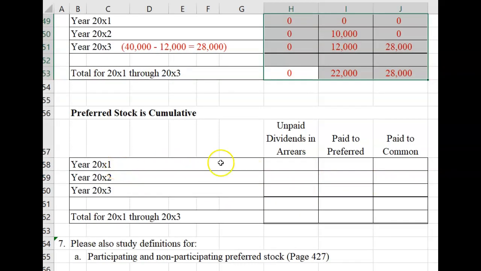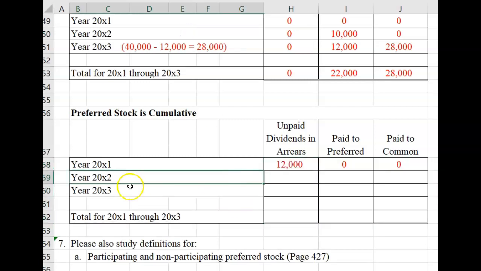In the first year, we owe the preferred shareholders $12,000. But there were no dividends paid in 20X1. So the preferred shareholders got nothing, and the common shareholders got nothing. But we have dividends in arrears. We owe them $12,000 for X1.